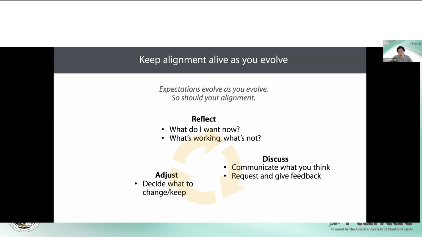That's why it's useful to frequently reflect: what do I want now? What's working? What's not? And then discuss that with your mentor. Communicate what you think, also listen to what the PI thinks. You could also, of course, give feedback to them, and then adjust together. You can decide what to change and what to keep.